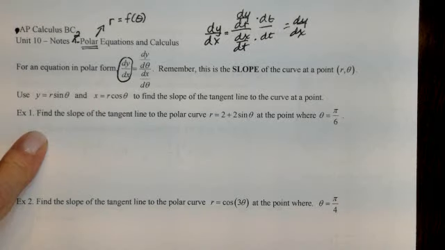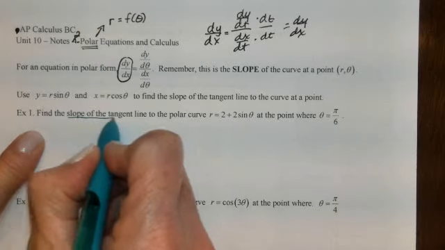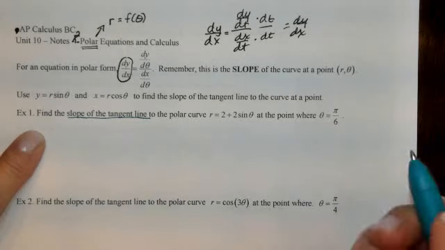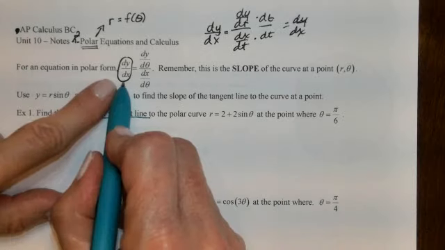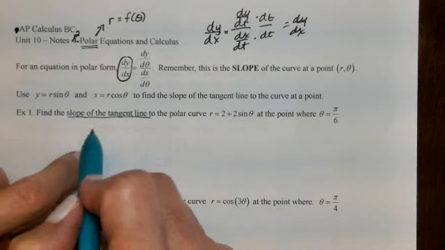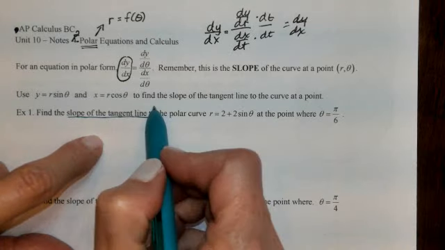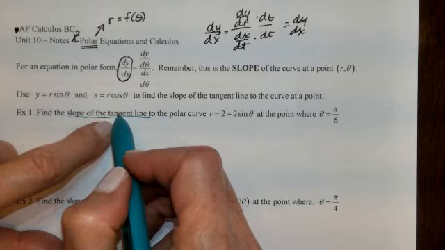So in this first example, we're asked to find the slope of the tangent line to a curve. Slope of a tangent line to a curve is always dy dx. So think that. I have to get dy dx. Don't try to memorize things. Just know slope of a tangent line, that's dy dx.